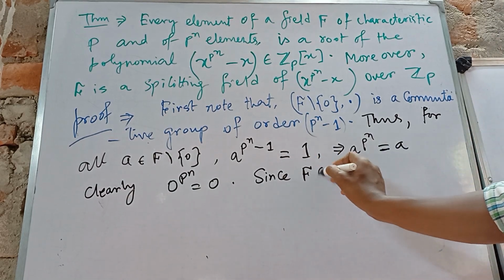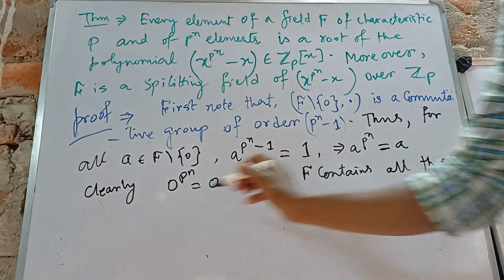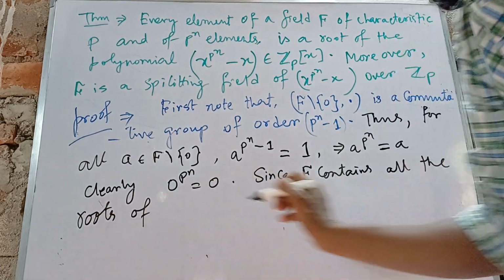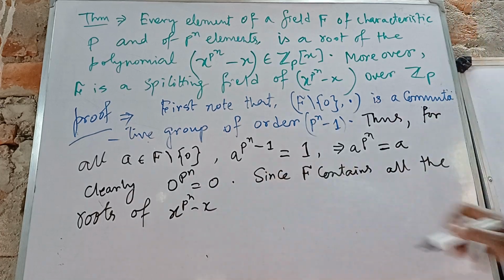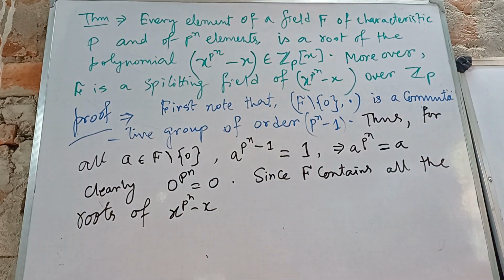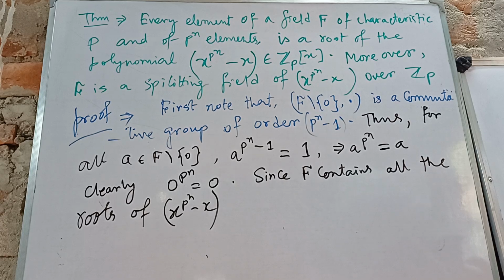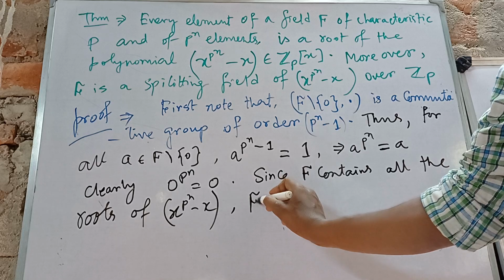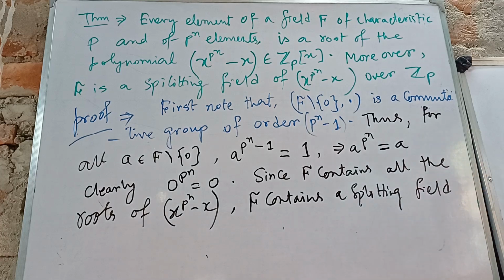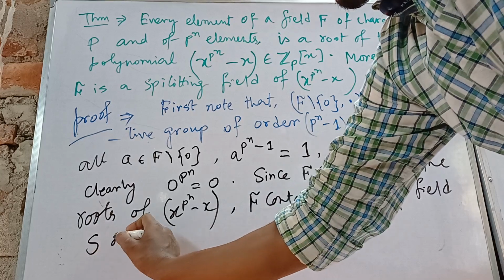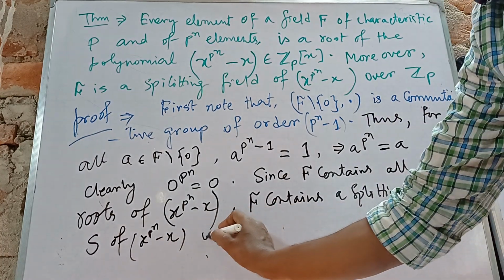Now since F contains all the roots of x^(p^n) - x, then if F contains all the roots of these, F contains a splitting field S of x^(p^n) - x over Z_p.